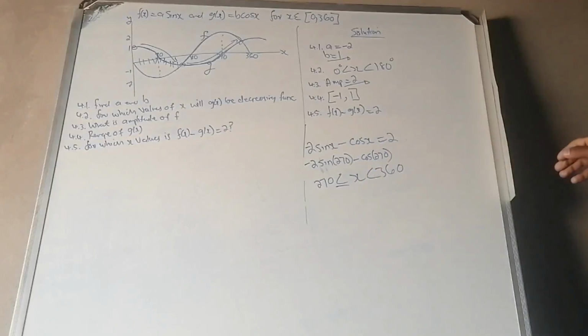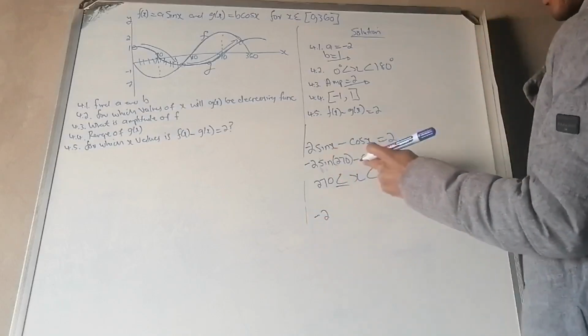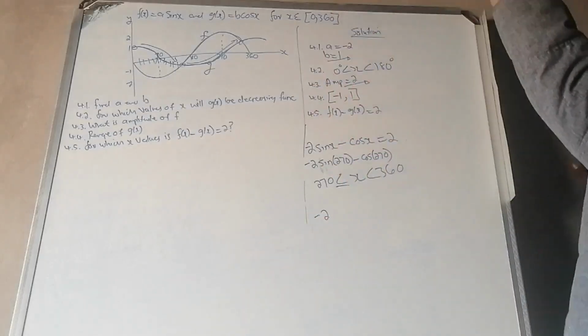Let's check whether that will be true. If we say -2, re bone ka 270 ya sebetsa ke re fumana answer ya 2.